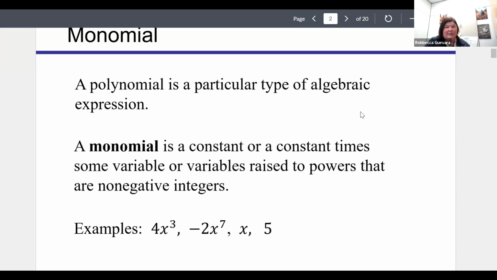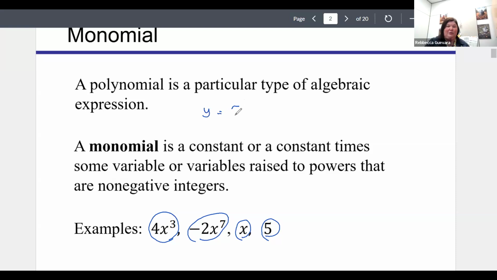So what we mean is that, remember those terms we had before? If you have just a singular term like this, that's a monomial. So it could be something like 4x cubed or negative 2x to the 7th. It could just be x by itself, or it could just be a number like 5, a constant by itself. But all of those would just be a monomial.